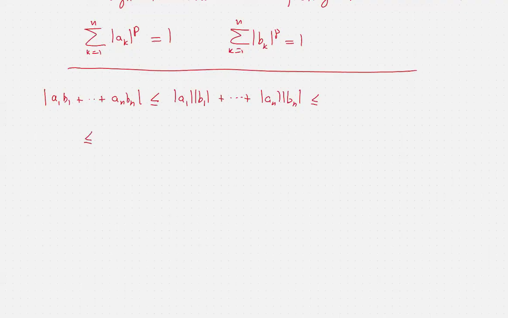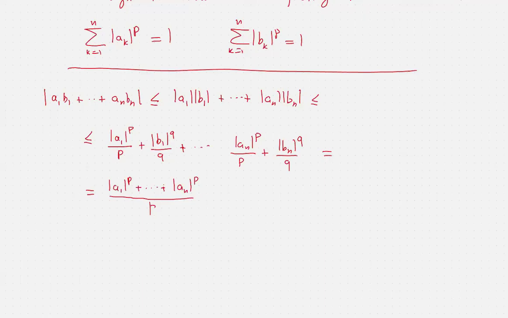So we will have that the first product is less than or equal to |a1|^p over p plus |b1|^q over q, all the way to |an|^p over p plus |bn|^q over q, which is the same thing as |a1|^p plus all the way to |an|^p over p plus |b1|^q plus all the way to |bn|^q over q.